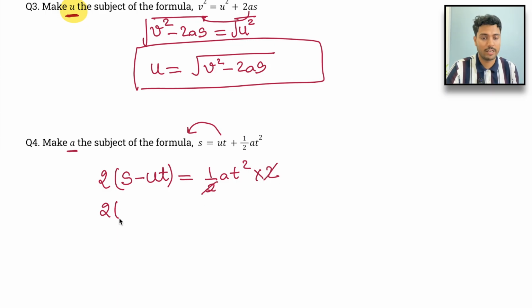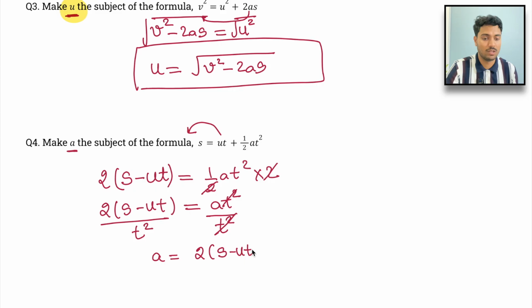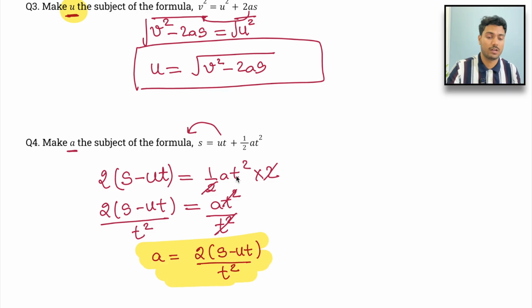So now we have 2 times s minus ut is equal to at square. We still have t square multiplied by a, which we don't want. So we'll divide by t square both sides, and that's how t square and t square will cancel out. And finally we will have a is equal to 2 times s minus ut divided by t square, and this is the answer. Let's check the next one.